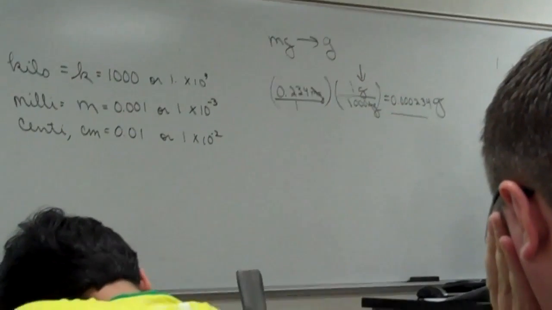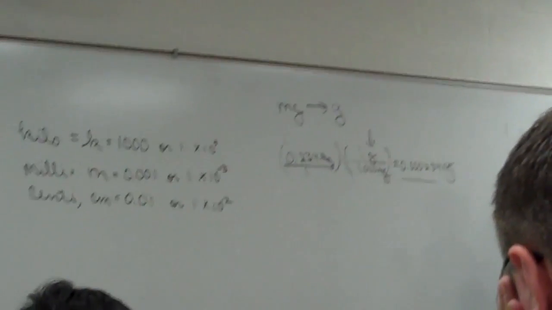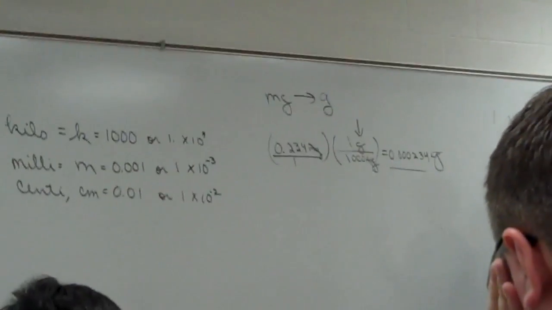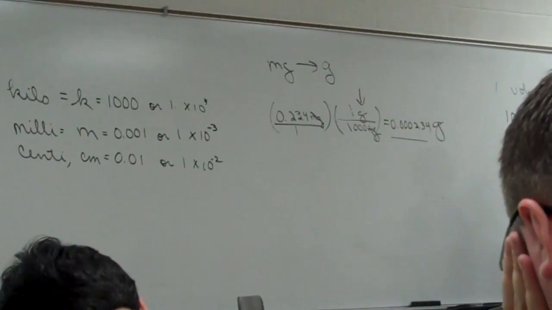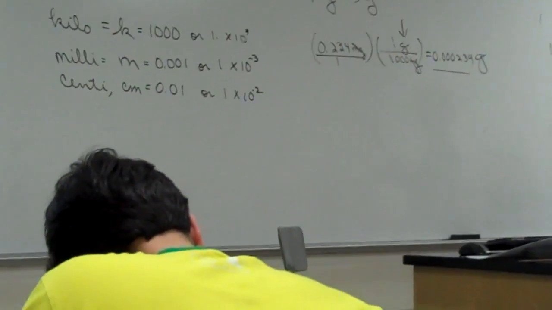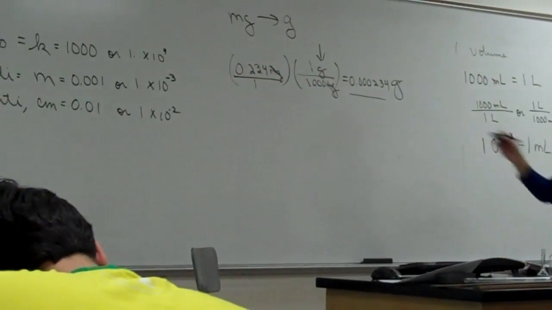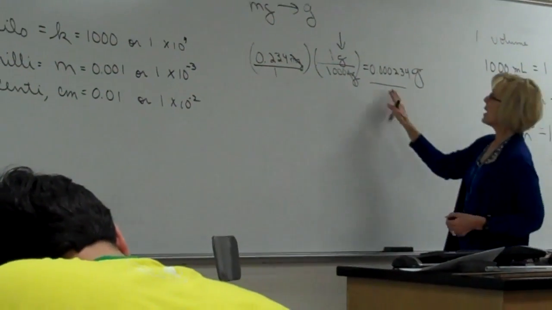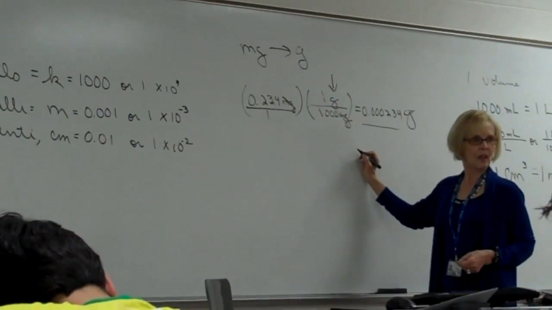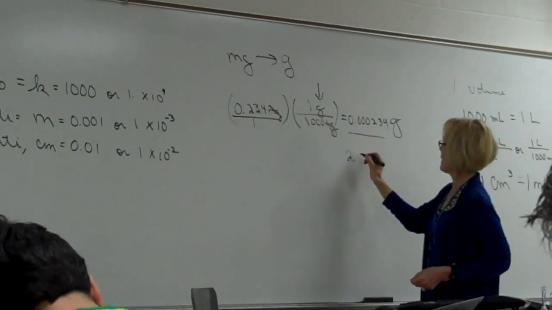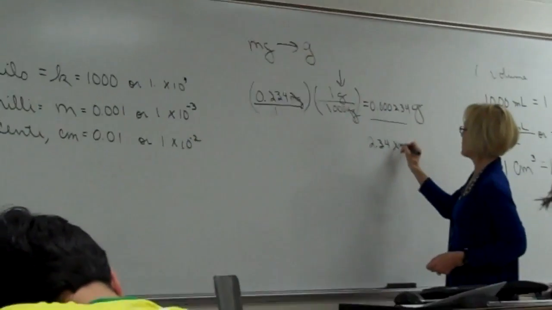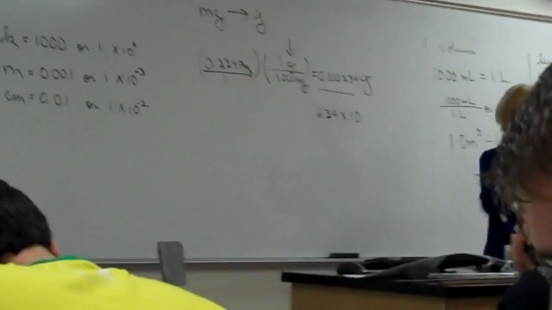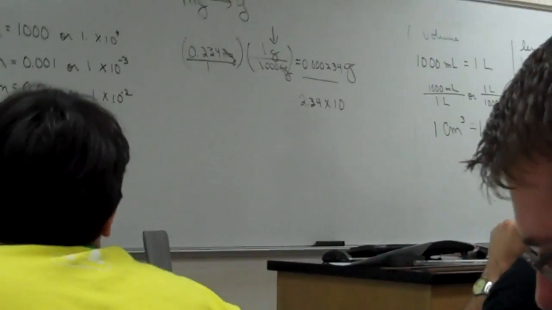Well, that's such a small number, I might think it would be handier if I put that in exponential notation. And notice, these are 2 independent operations. First, Sarah gave us our answer here. But I think scientific notation would be better, so I'm going to say 2.34 times 10 to the, give me a number. -4.